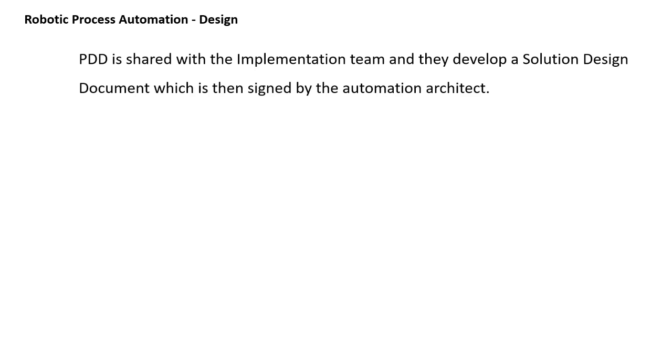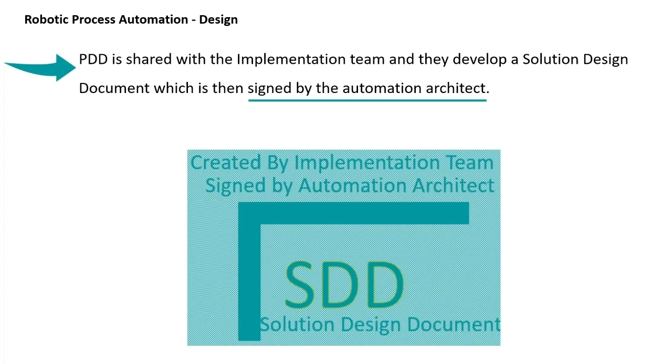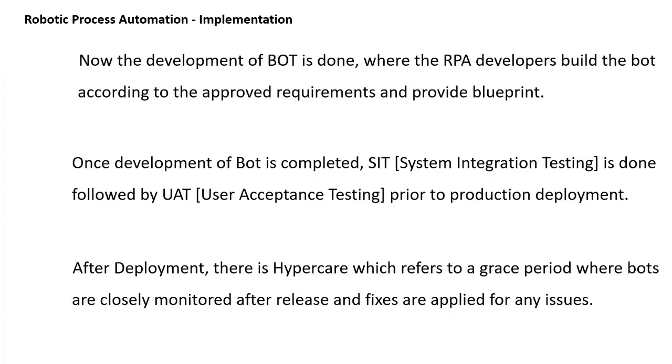The process design document is then shared with the implementation team, who will develop a solution design document which is signed by the automation architect, and this solution design document will be shared with the development team. Now the development of the bot will be done, where the RPA developers will build the bot according to these requirements.